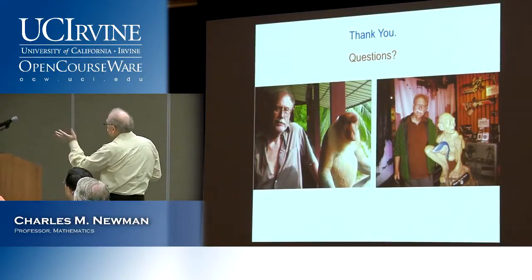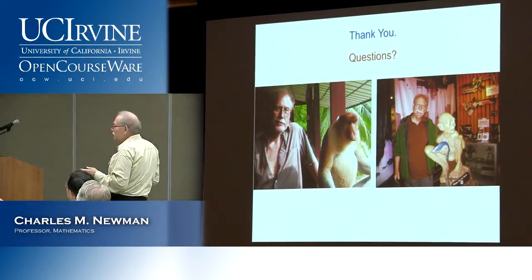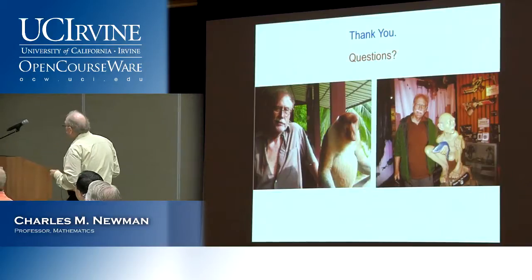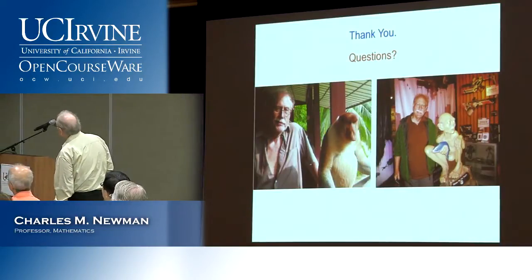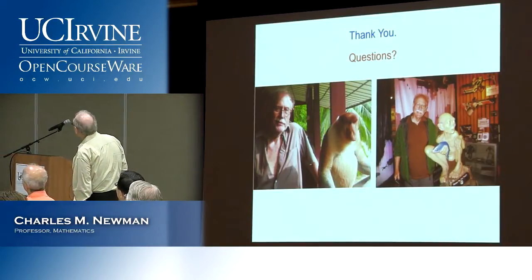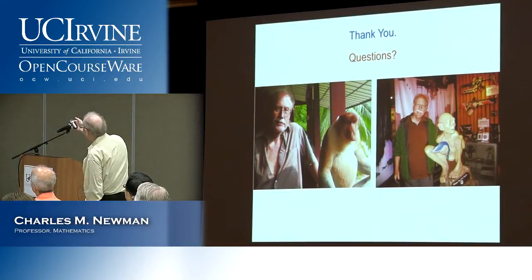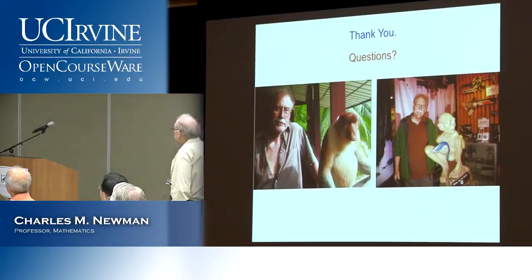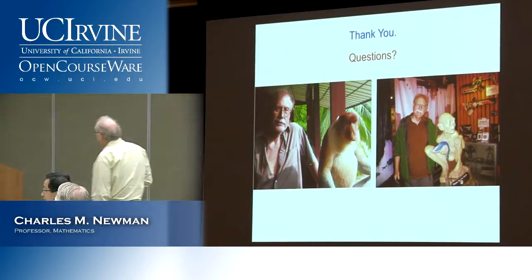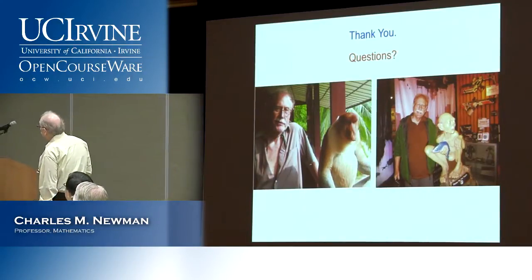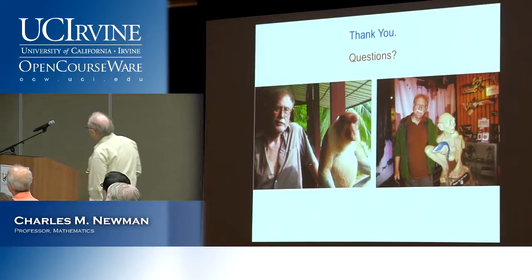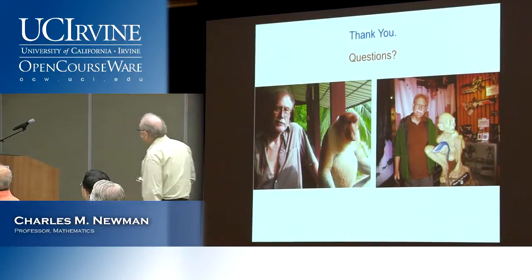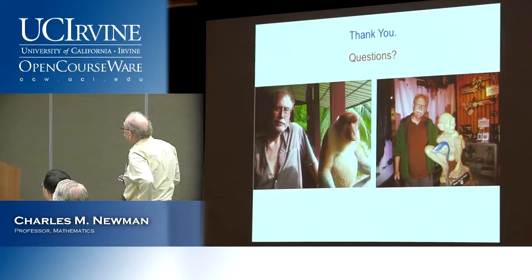And these pictures don't have very much to do with spin glasses. The one on the right is from a trip to New Zealand that I took about a year or so ago. Those of you who know, that's Gollum from the famous films.